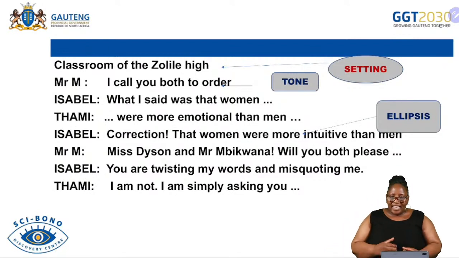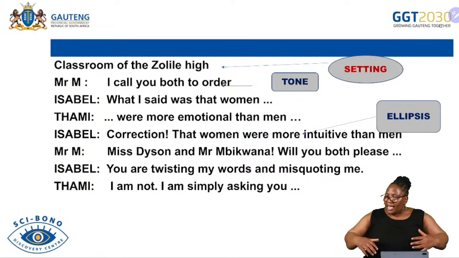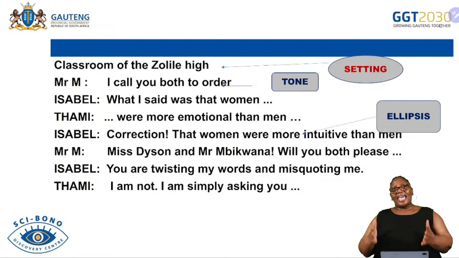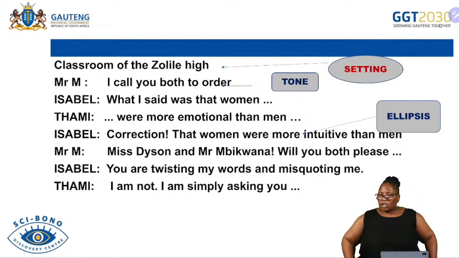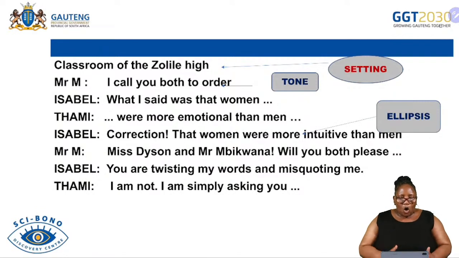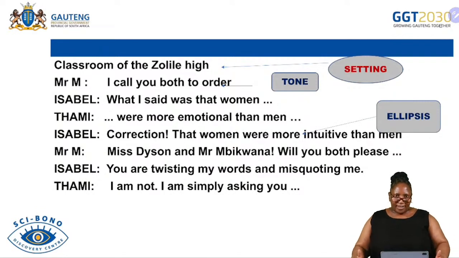A lively inter-school debate is in progress. Everybody is speaking at the same time, and Mr. M is forced to call them to order. I call you both to order.